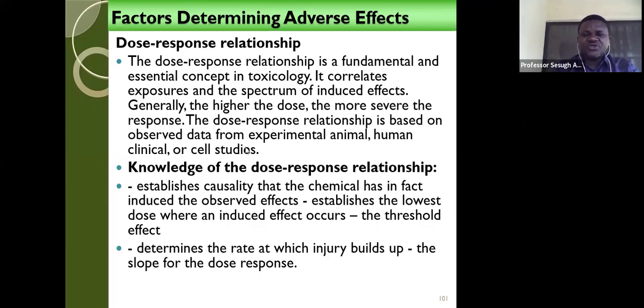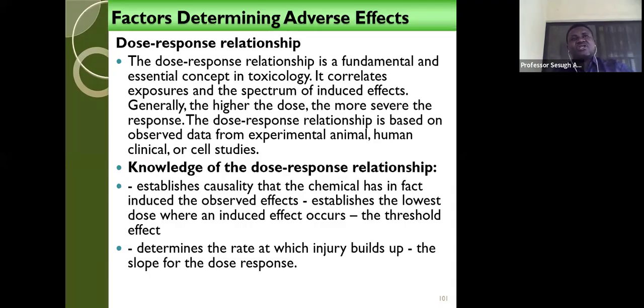So first, it tells you how much of the population, for instance, will be affected by administration of that chemical or toxicant. And it also tells you the rate at which the injury builds up.